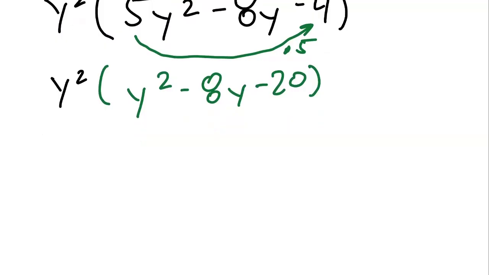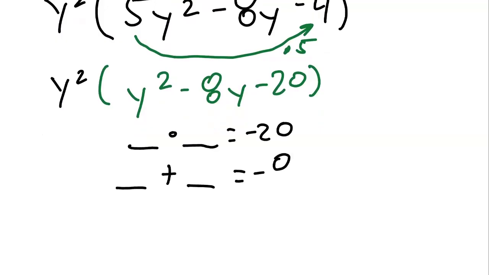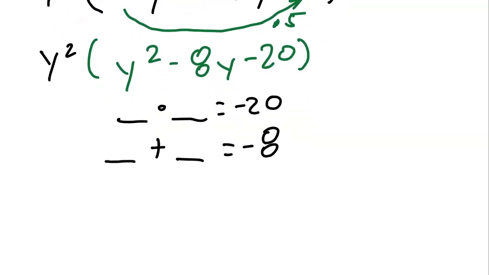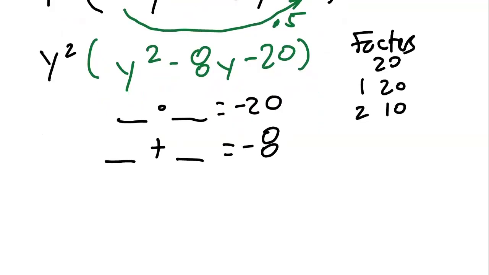Then we've got to figure out two numbers that multiply to negative 20, but add to negative 8. What helps us is to write out the factors of the last term, which in this case is 20, which is 1 and 20, 2 and 10, 4 and 5. Those are the only 3 possible combinations.